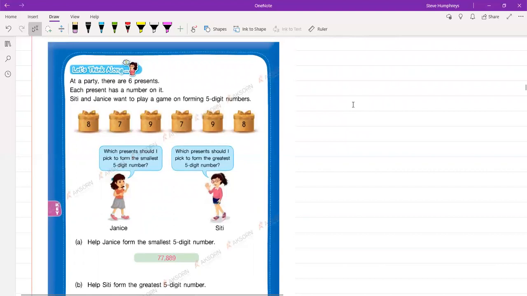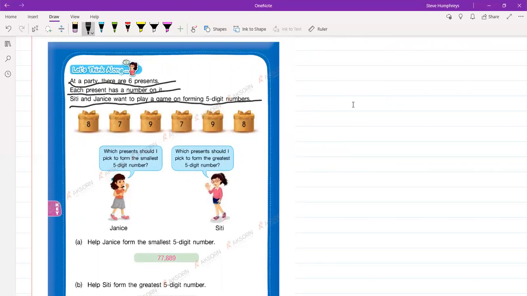Okay, so let's have a look at this one. Let's think along. It says, at a party, there are 6 presents. Each present has a number on it. City and Janice want to play a game on forming 5-digit numbers. Okay?